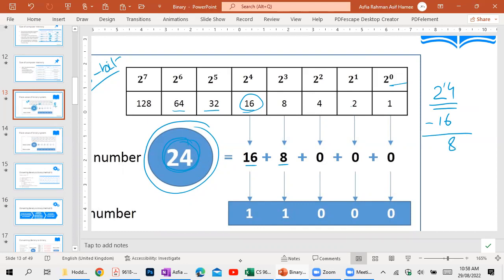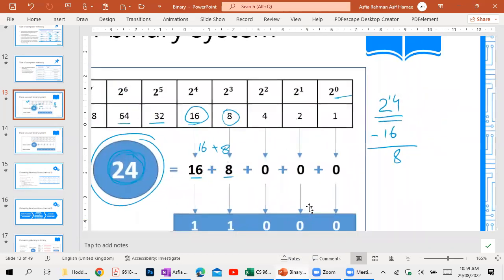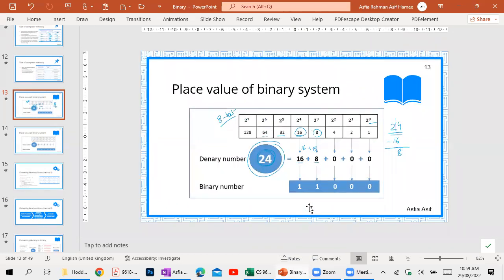8. Okay, and now we know this is 8. So 16 plus 8 will give us 24. That means these bits are 1, these bits are on. The rest are all zeros: 1, 1, 0, 0, 0. But when you are writing in binary, you never write it like this.